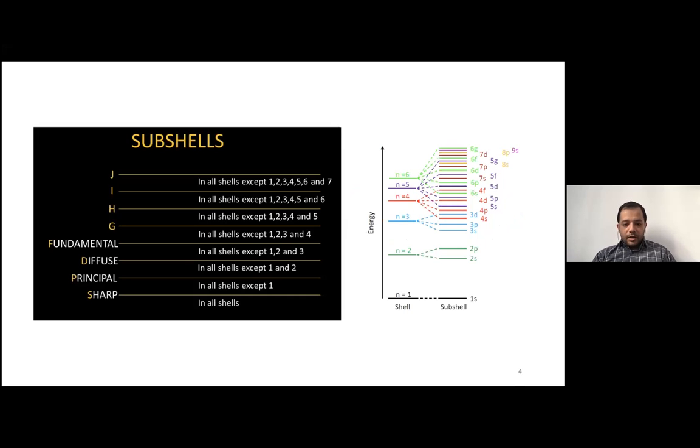So you may recall from high school chemistry how the subshells are organized with respect to energy bands. I won't go into too much detail, but you see how they are organized in this image.